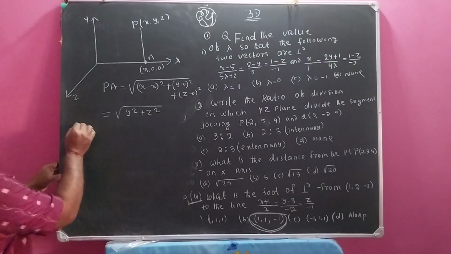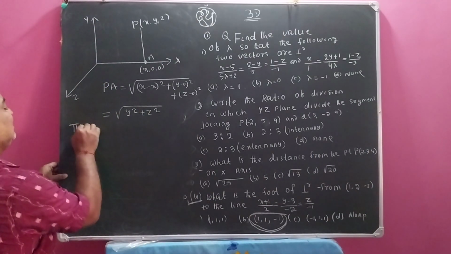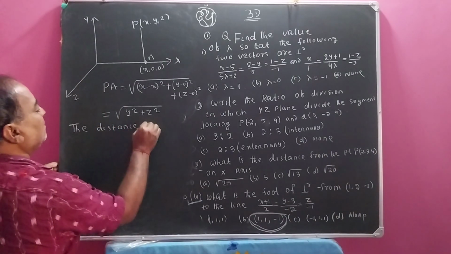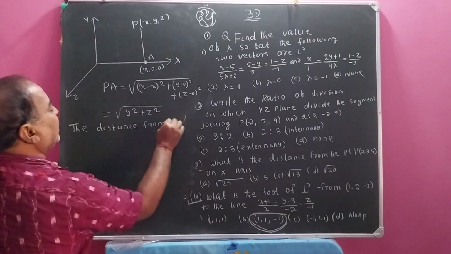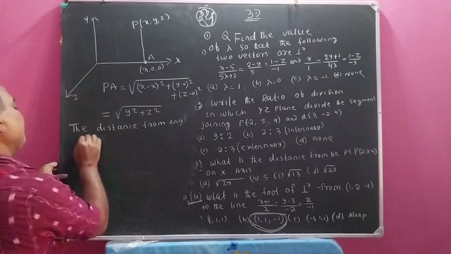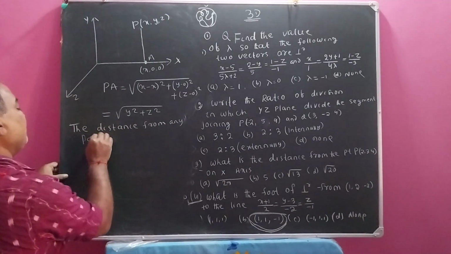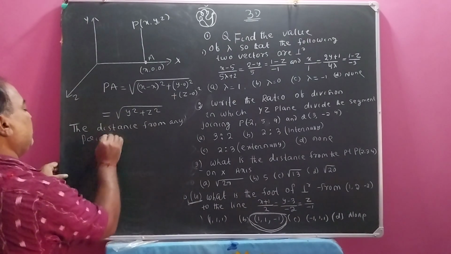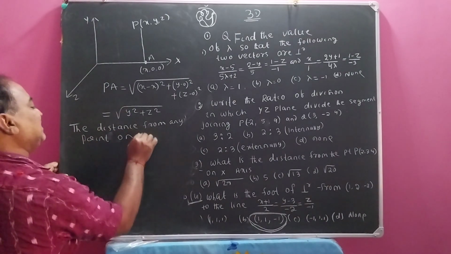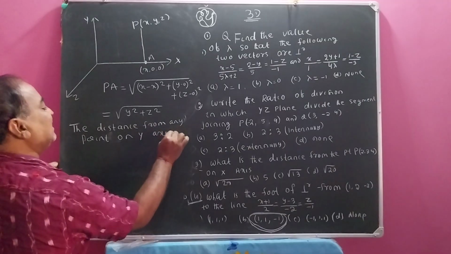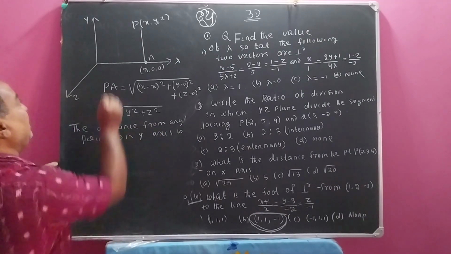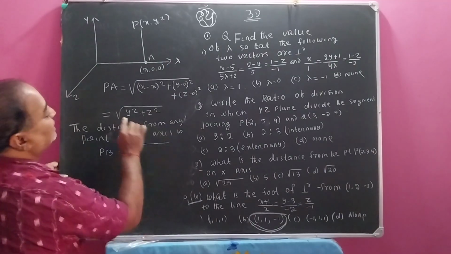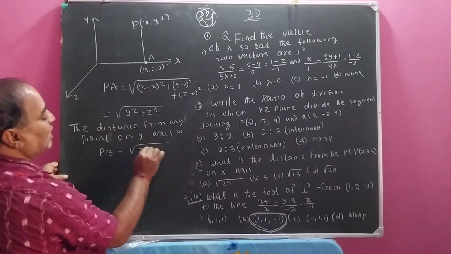Similarly, the distance from any point on the y-axis is PB. Suppose PB is the y-axis, then y will be omitted, that is root of x square plus z square.